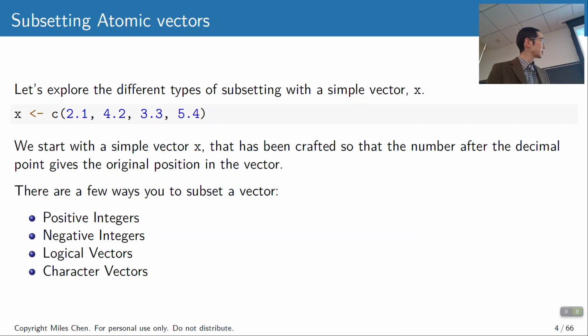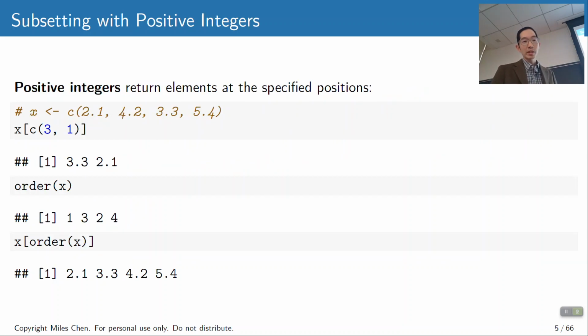We've got a few different methods for subsetting. Probably the first and most familiar method for you is subsetting with positive integers. Here's our original vector, and you can put in single square brackets a little vector of positive integers.